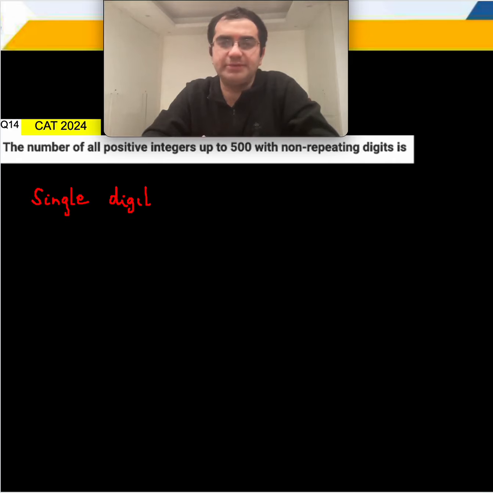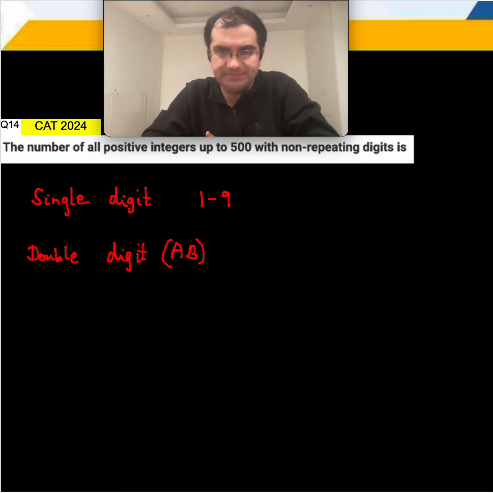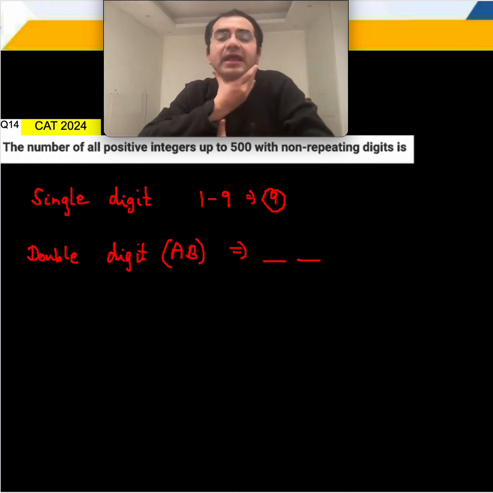What will repeat there? 9 numbers come. Double digit numbers will be of the form AB, where A and B are distinct. When I want AB, the first position has 10 digits, 0 to 9, but 0 is not allowed. So therefore it can be filled in 9 ways.